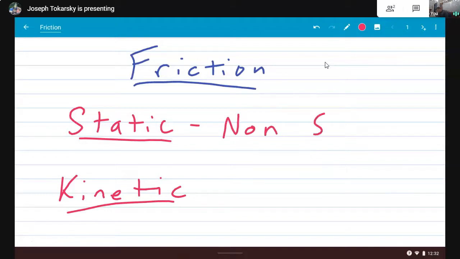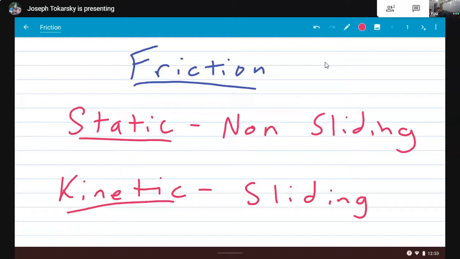There's no sliding going on. There could be moving. You could have something like a wheel of a car going on the road that's moving, but it's not sliding on the road. So static friction is non-sliding. Kinetic friction, therefore, is when we do have sliding occurring between two surfaces.